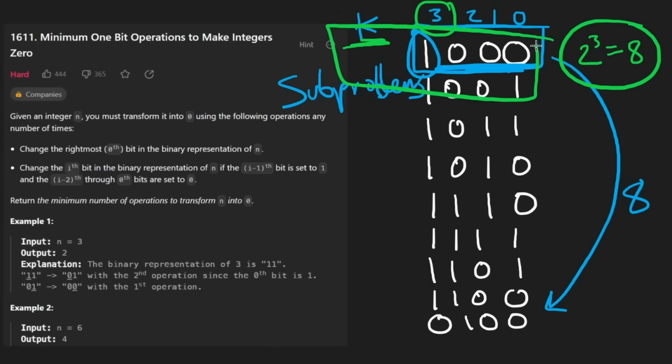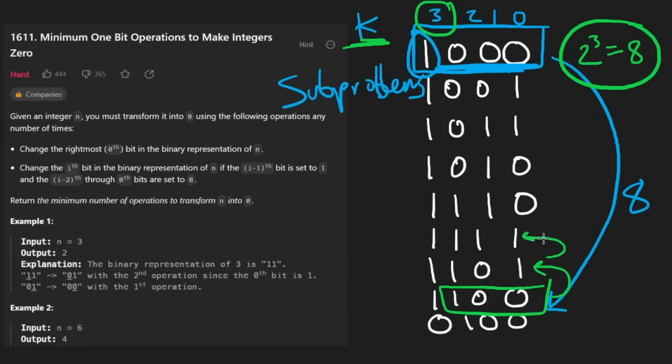Let's think about it. Let's look at this 1, 0, 0. How many steps did it take us to get here anyway? How many steps would it take us to remove the 1 here? Well, we can actually just go backwards. We can look up and say here, 1, and then 2, 3, 4 steps to go backwards where that bit was finally removed.